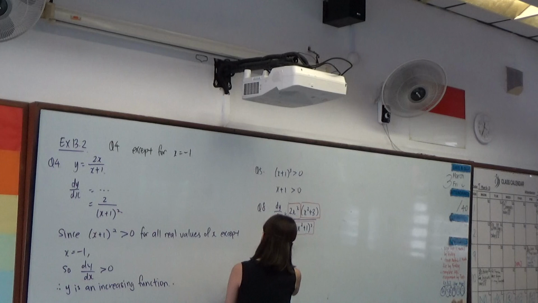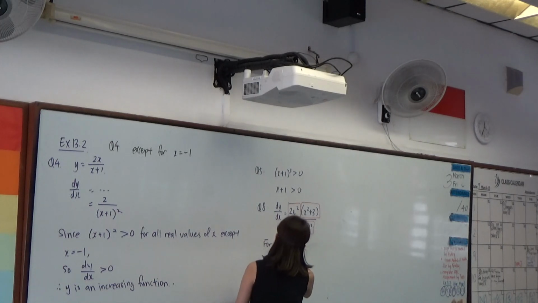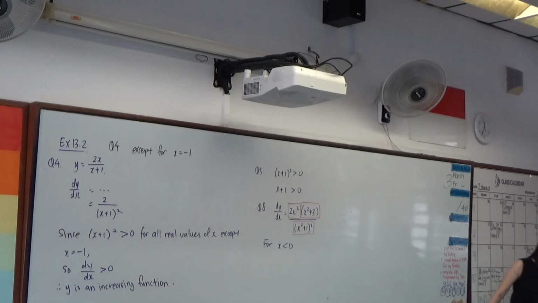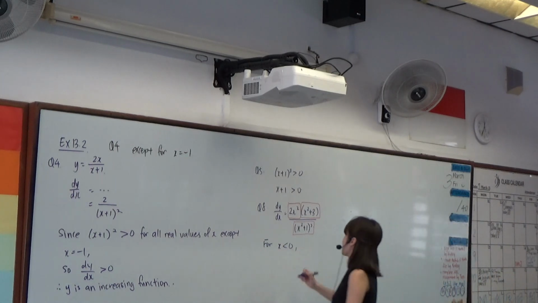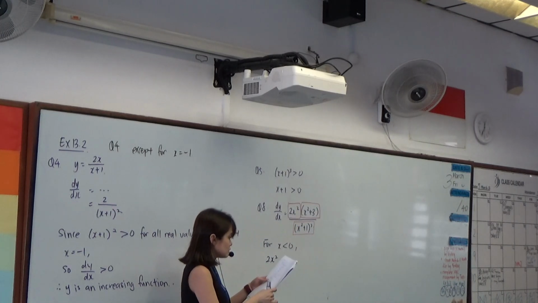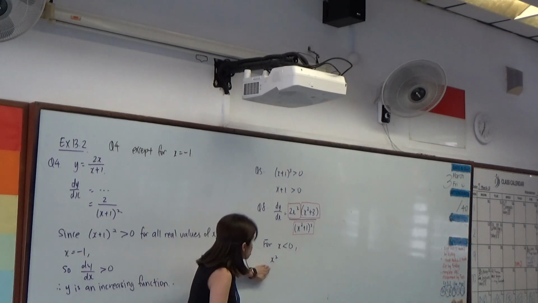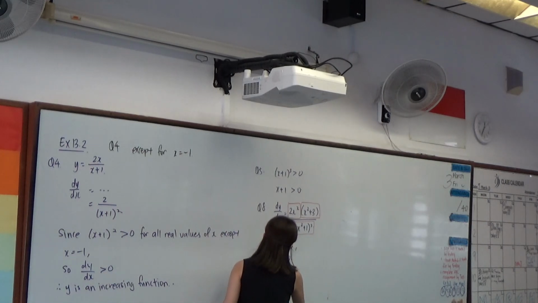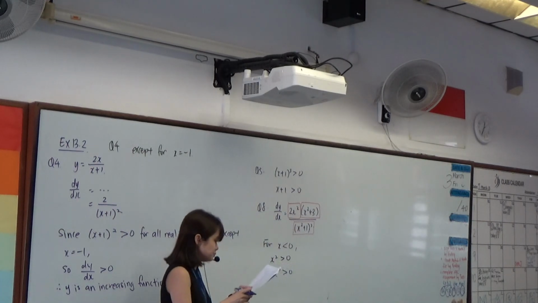So the question said that for x less than 0, question 8, the question gave this inequality. The first part that we want to prove is about this 2x squared. We know that x squared will actually be more than 0. So 2x squared will have to be more than 0.